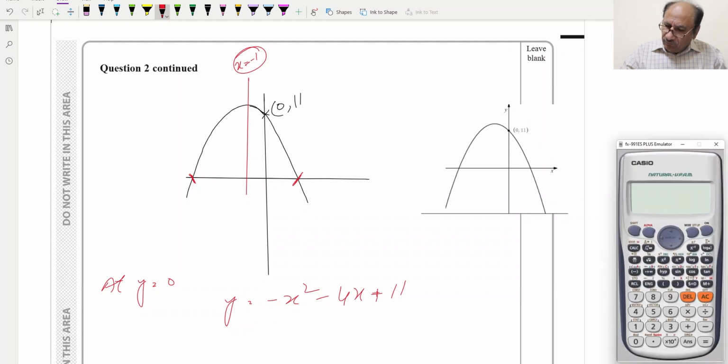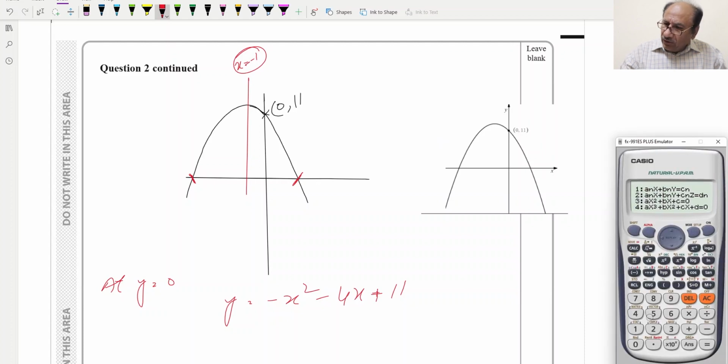So you can find it with the quadratic formula: the coefficient of x squared is minus 1, then minus 4, and 11 will be the constant value, and we will get the decimal value 1.87.